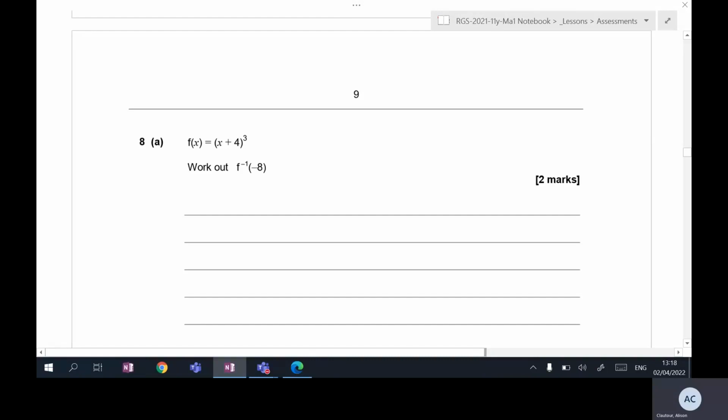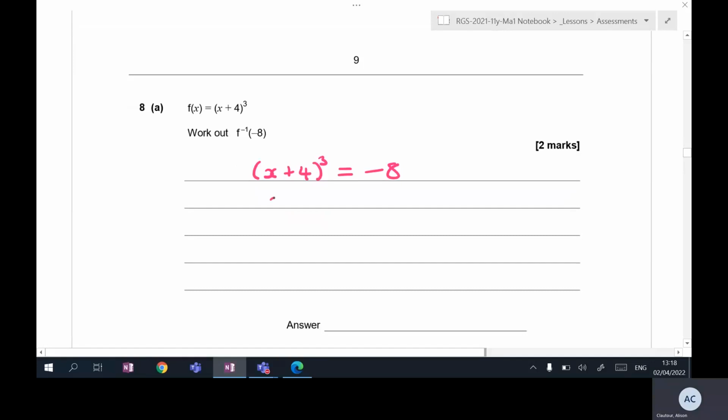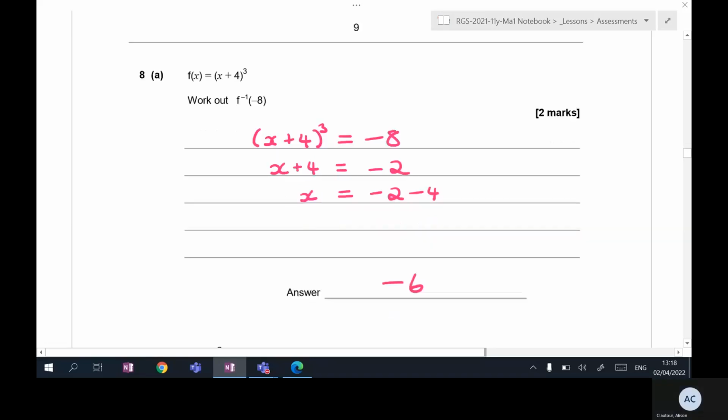So in other words, it's asking us to solve (x plus 4) cubed, and we know the output is minus 8. So if we cube root minus 8, we get minus 2. And then we can subtract 4, we get minus 6.